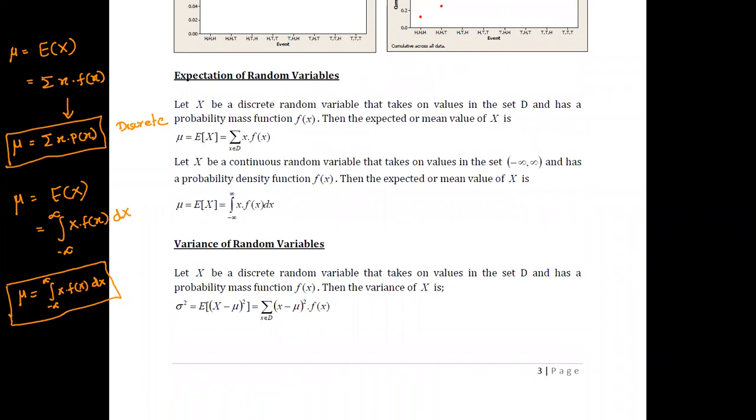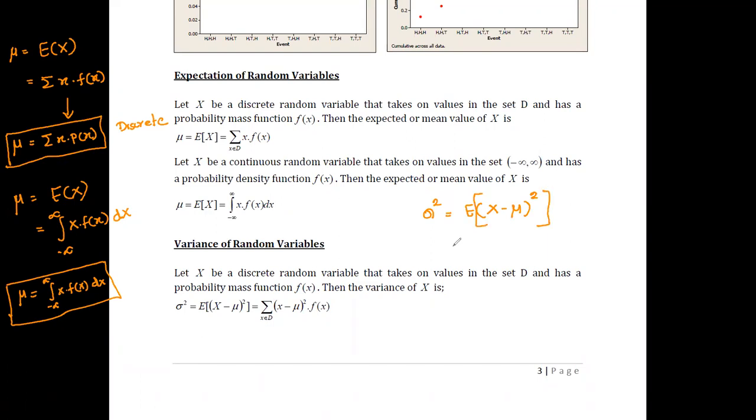But we are not going to discuss that much in this session. Therefore, we can simply say that variance is the second moment. Variance, denoted by sigma squared, is the expectation of (x minus mu) to the power 2.